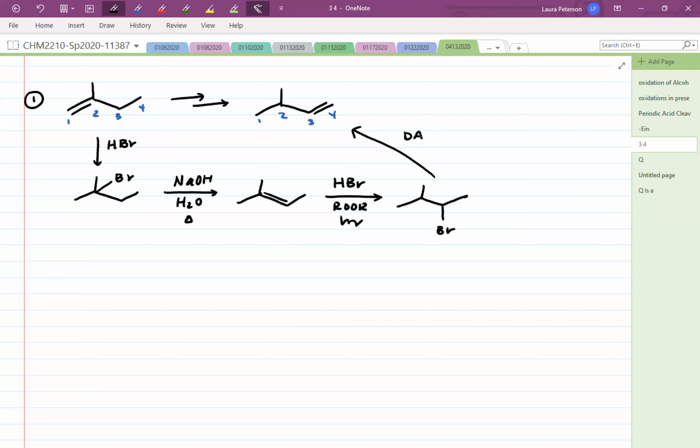This series of steps of walking the alkene down the chain is very common. What we saw was we added the halogen and then eliminated, added the halogen, eliminated. That's a very common series of steps in synthesis, especially coming from the reactions that we've seen in the last couple of chapters.